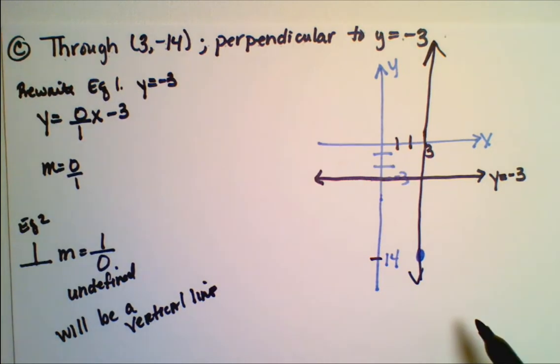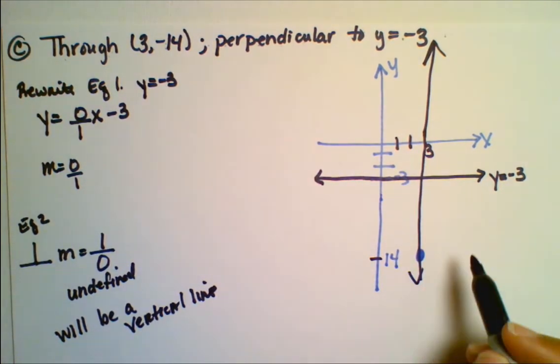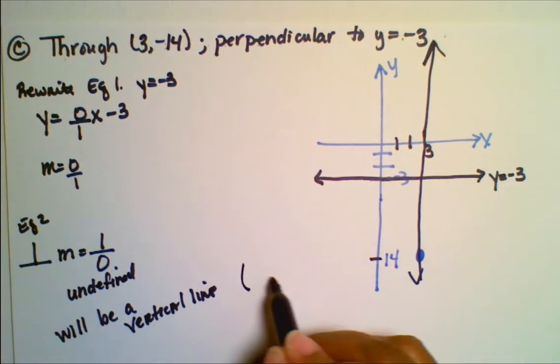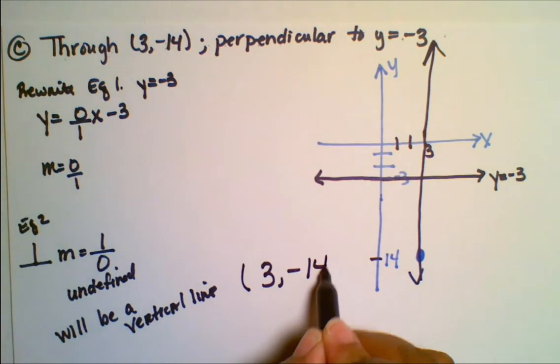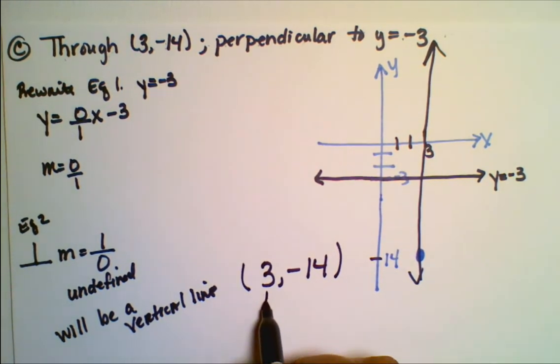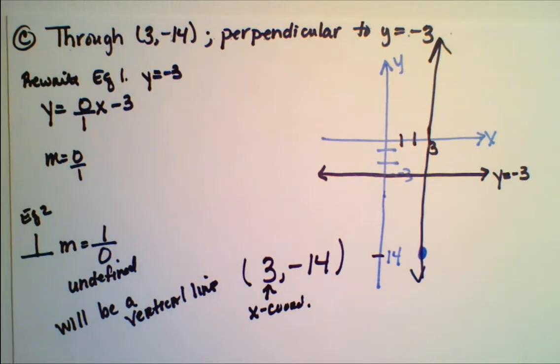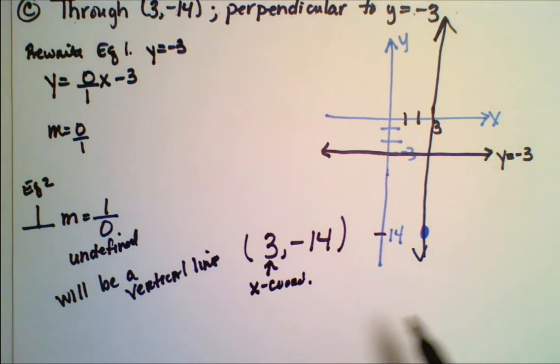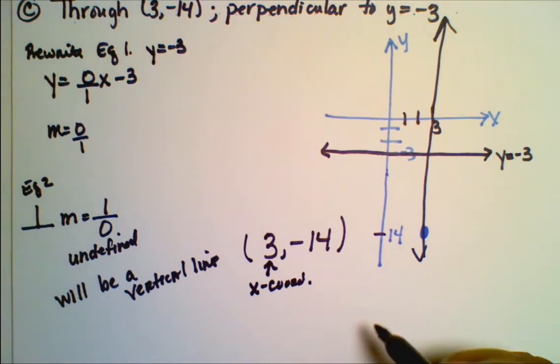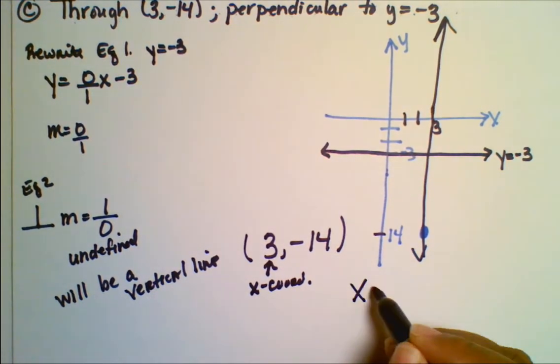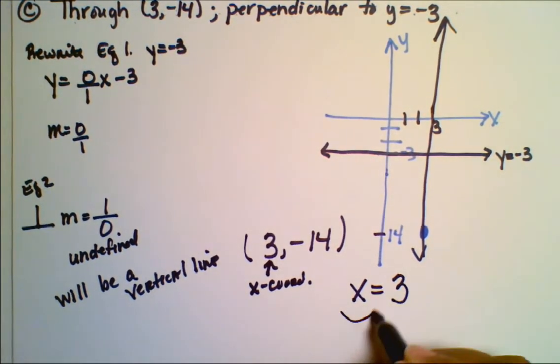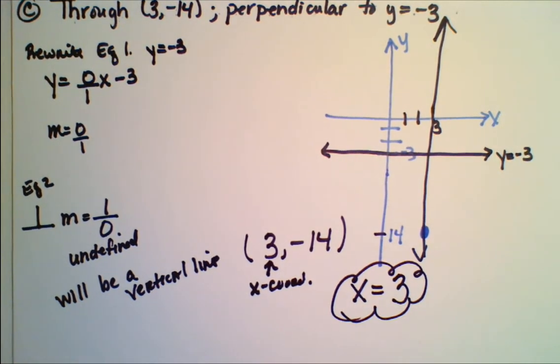Since the line is vertical, all we need to do is look at the x coordinate to find the equation, and the x coordinate is 3. Therefore, our equation will be x = 3. And that is our solution.